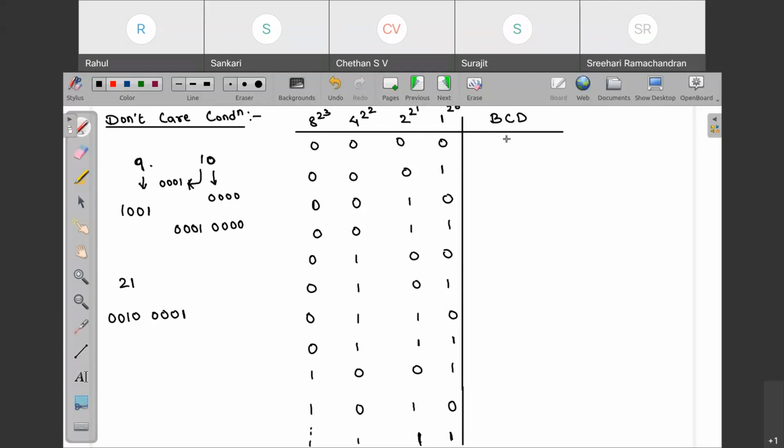So this corresponds to BCD 0, 1, 2, 3, 4, 5, 6, 7, 8, 9. But using a 4-bit binary number, we can represent numbers from 0 to 15. So what about, sorry, where did 8 go? I have skipped 8. So this is 8.